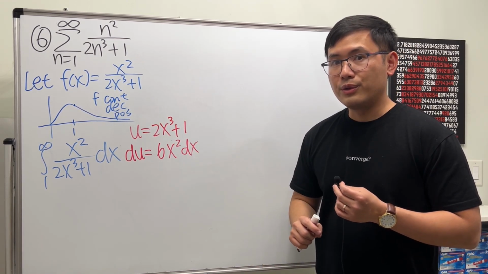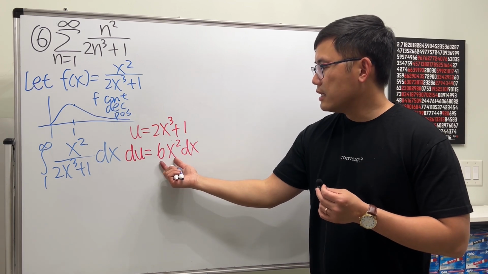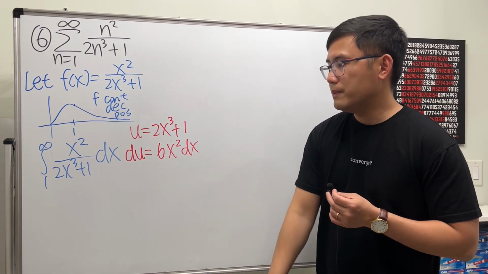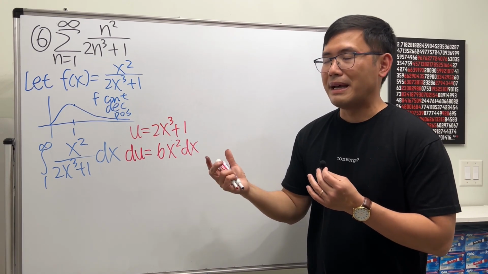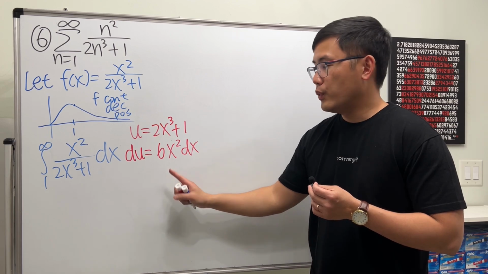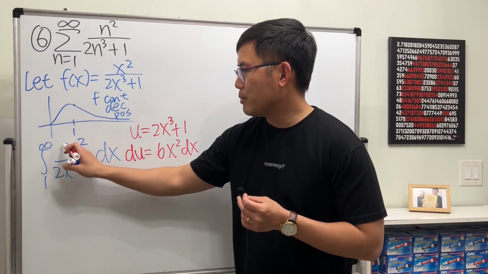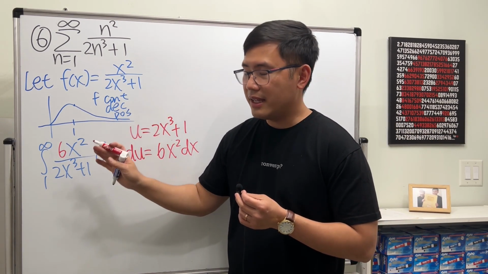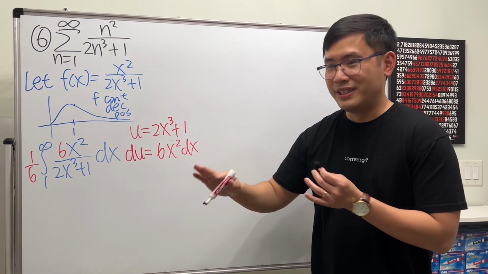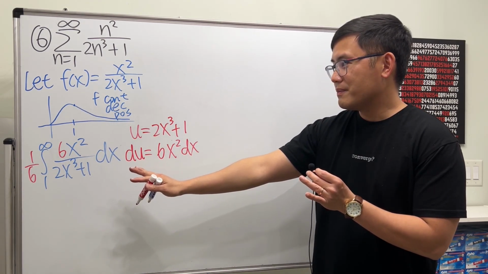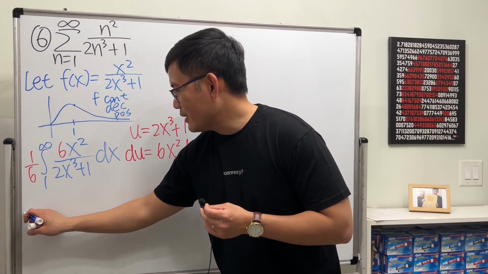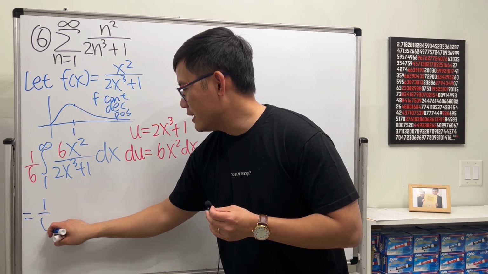And this is one thing you can do. You can divide by 6x squared on both sides and then do the cancellation, or you can just match it. We have x squared and dx. We need a 6. Why don't we multiply the 6 right here? And then don't forget to divide by it so that we still maintain the same value of the integral. Alright, so now you see this is 1 over 6.